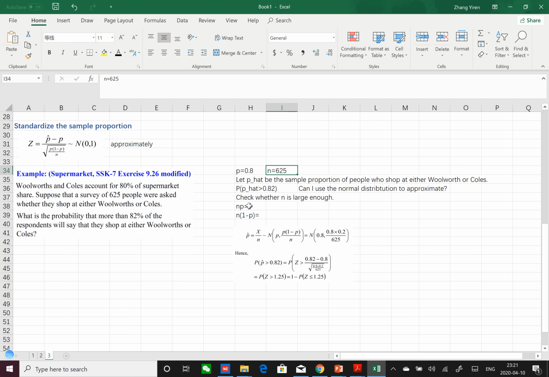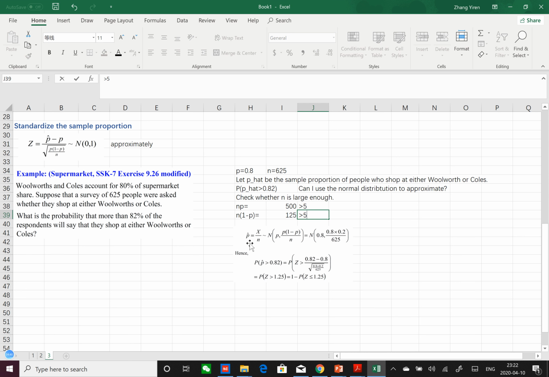Here np equals 625 times 0.8, which is 500, and n times 1 minus p equals 625 times 0.2, which is 125. Both of them are larger than 5, so n is large enough to invoke the central limit theorem.